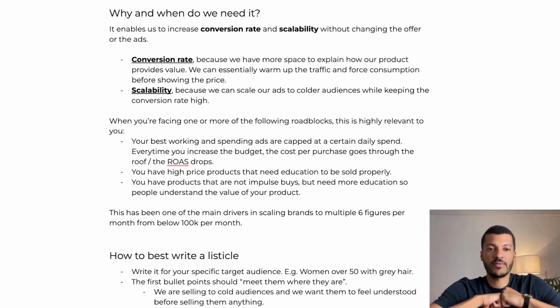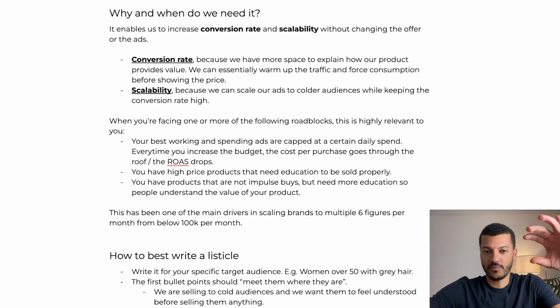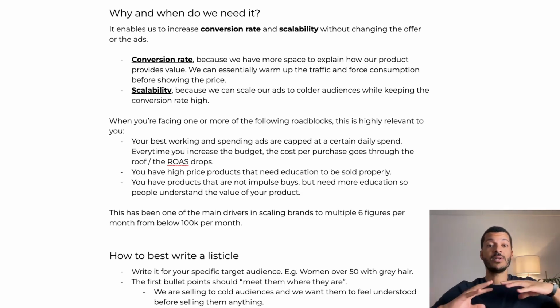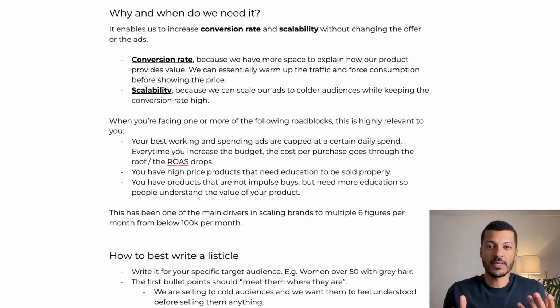And the beauty of it is that when we're talking about conversion rates, they're going to increase because we have more space to explain how our product actually works, right? How our product provides value, why it's better than other products, and how it solves their pain point or problem, which hooked them in the first place, right? So we can essentially warm up the traffic that we're acquiring.